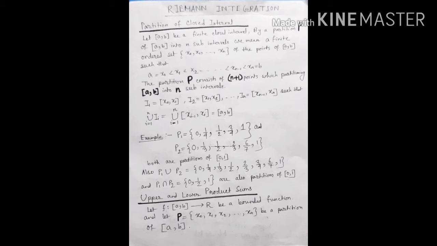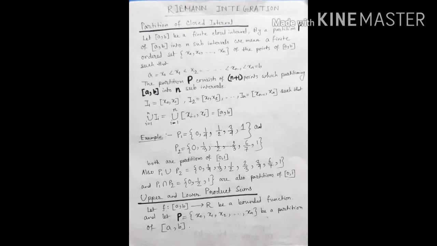Also we see that P1 union P2 = {0, 1/4, 1/3, 1/2, 2/3, 3/4, 6/7, 1} is also a partition, and P1 intersection P2 = {0, 1/2, 1} is also a partition of the closed interval [0, 1].